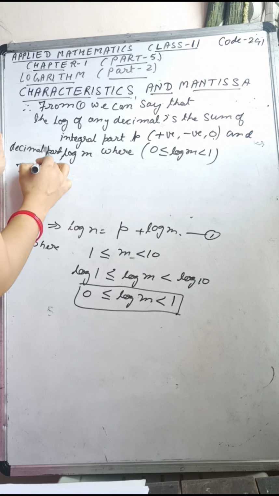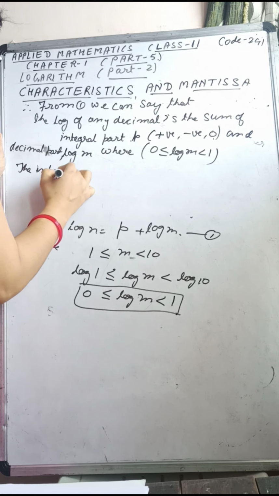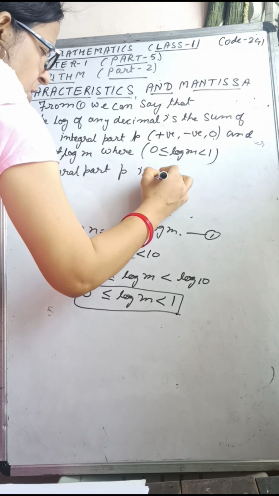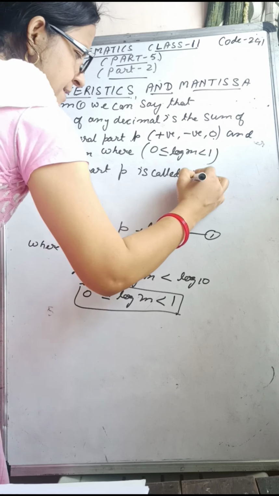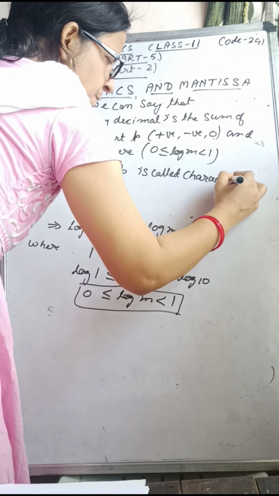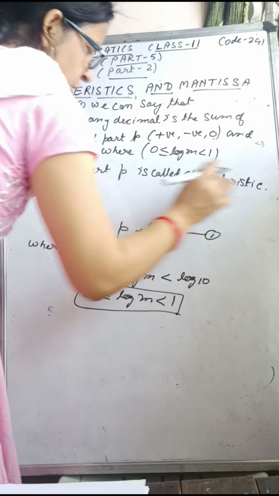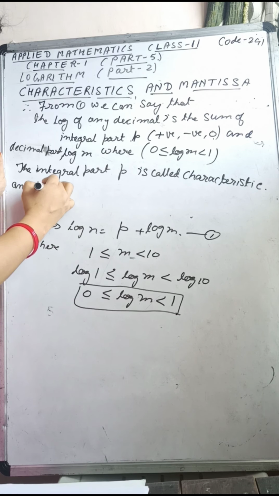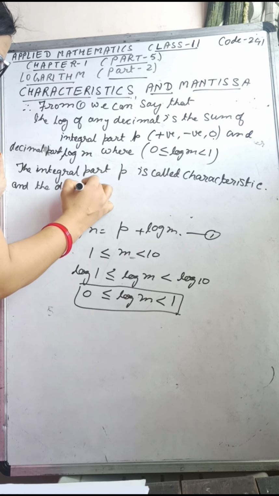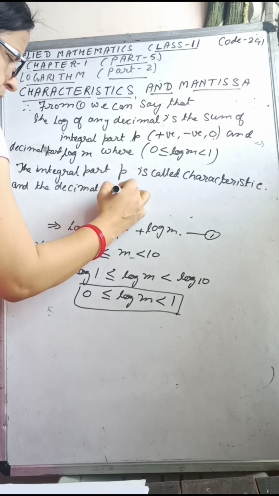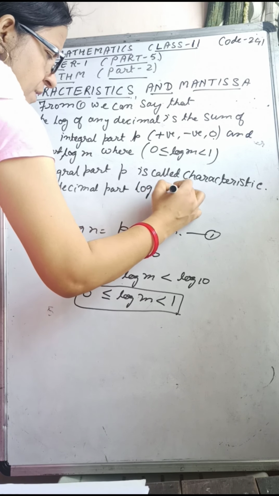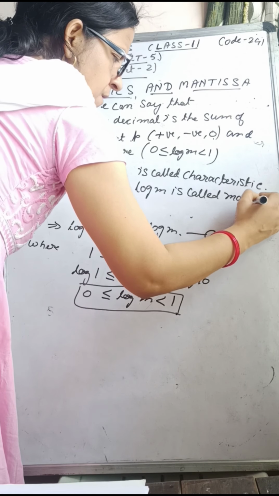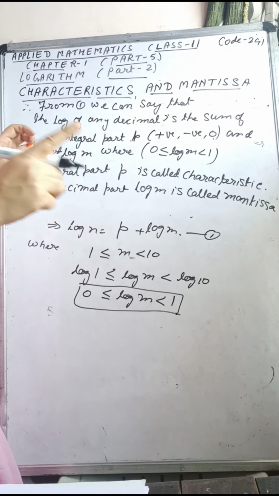The integral part p is called the characteristic, which can be negative, positive or 0, and the decimal part log m is called the mantissa, which should lie between 0 and 1.